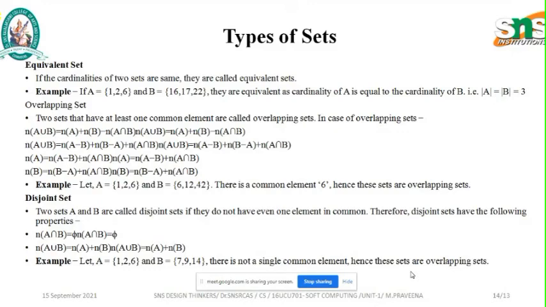If A is equal to 1, 2 and 6, B is equal to 16, 17, 22. Set A has 3 elements, whereas set B also has 3 elements.